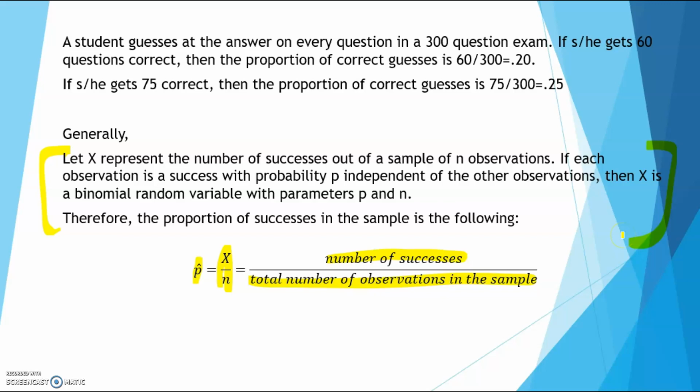Let x represent the number of successes out of a sample of n observations. If each observation is a success with a probability p, independent of the other observations, then x is a binomial random variable with parameters p and n. But really what you need to know is this part right here. P hat is equal to x over n.